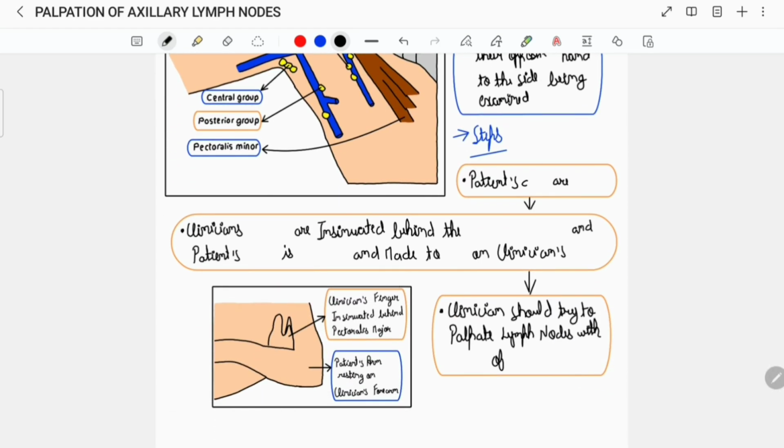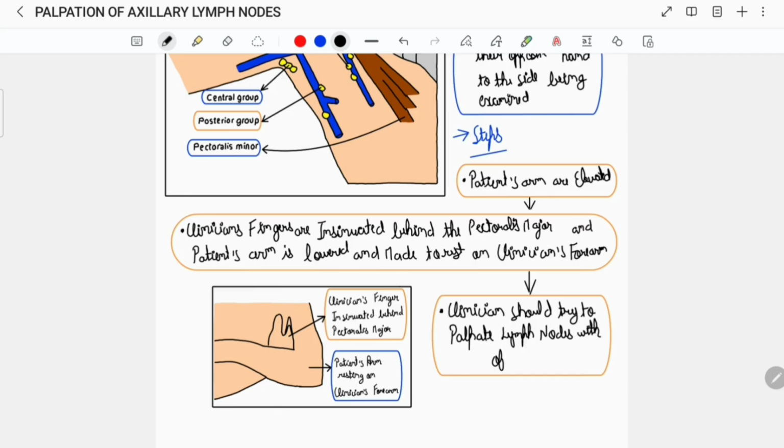The patient's arms are elevated and the clinician's fingers are insinuated behind the pectoralis major muscle, and the patient's arm is lowered and made to rest on the clinician's forearm.